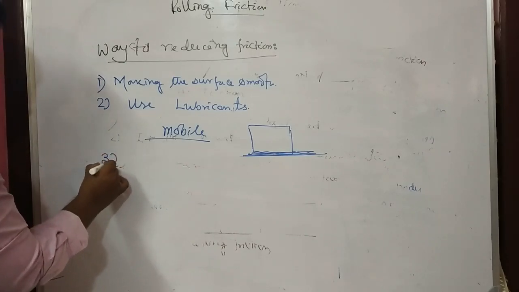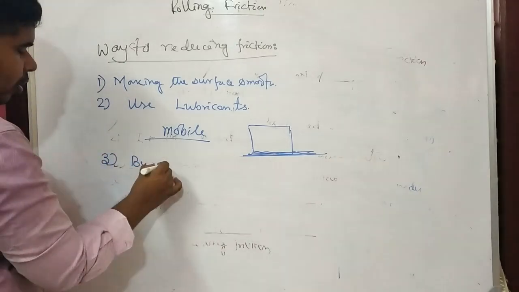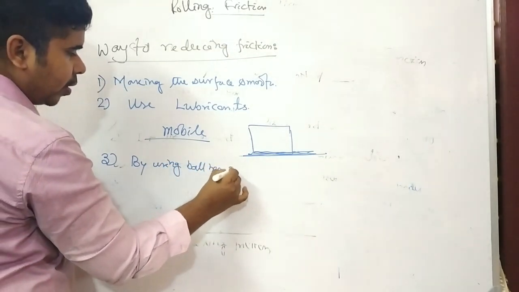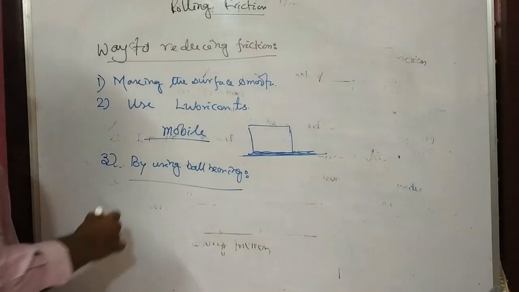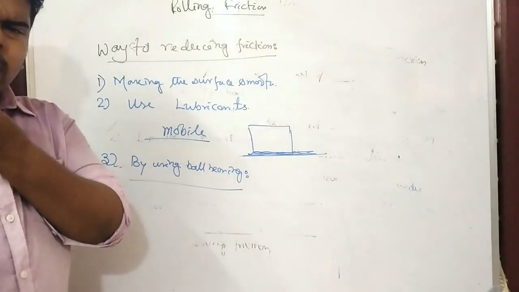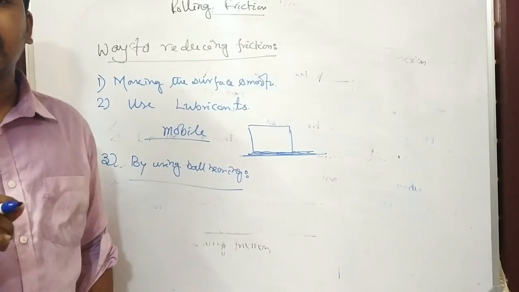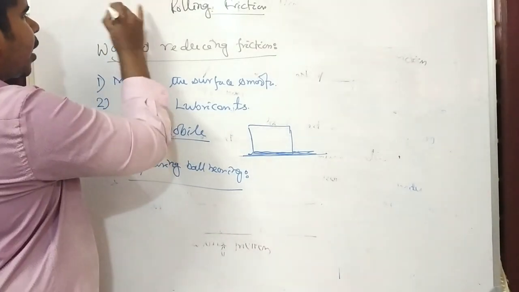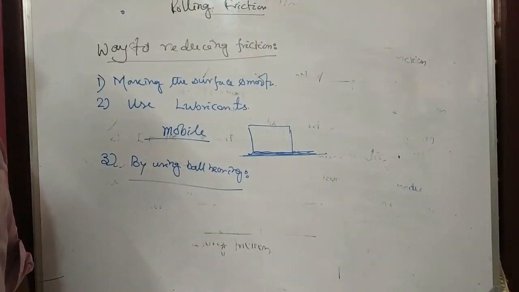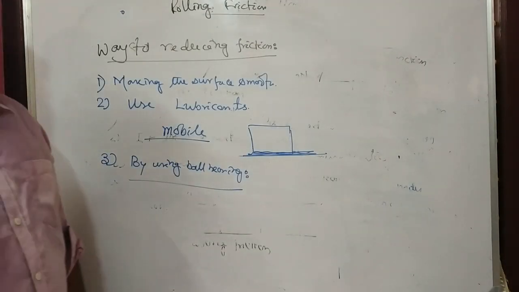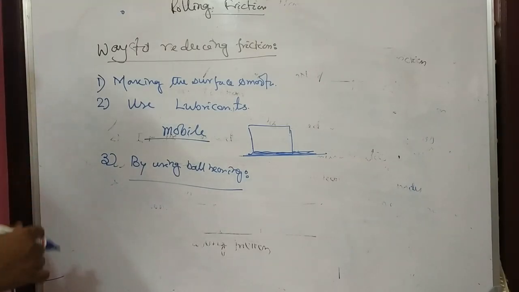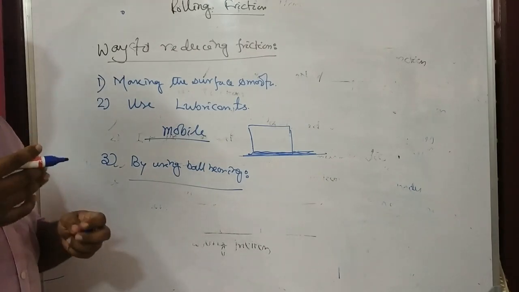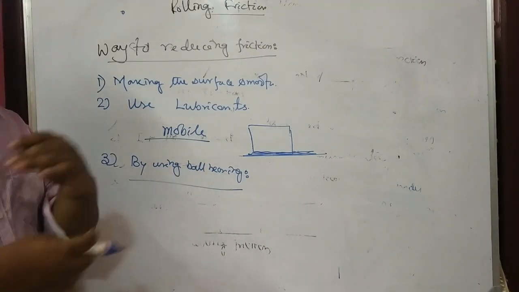Number 3, by using ball bearings. Have you seen the small balls inside cycles? If you go to a cycle shop, you have seen some very little balls kept there. What is the use of those balls? These are known as ball bearings. How do they work? A cycle or a bike rotates over a surface.